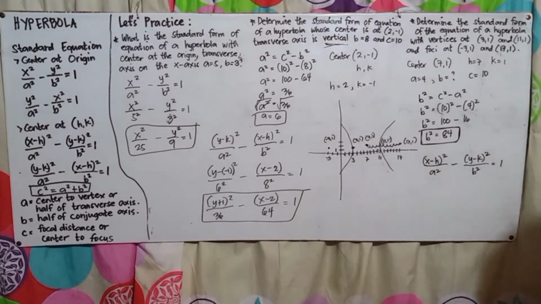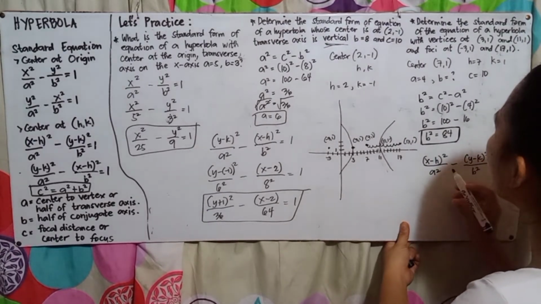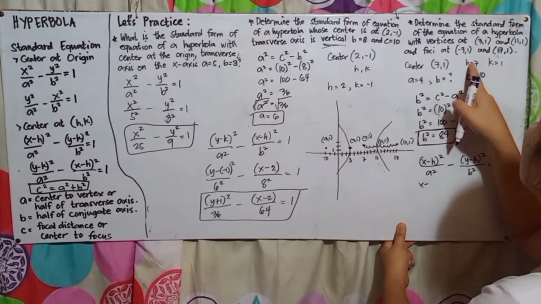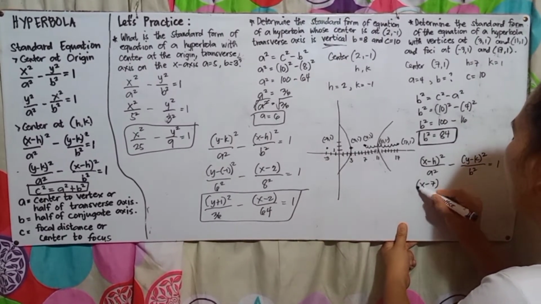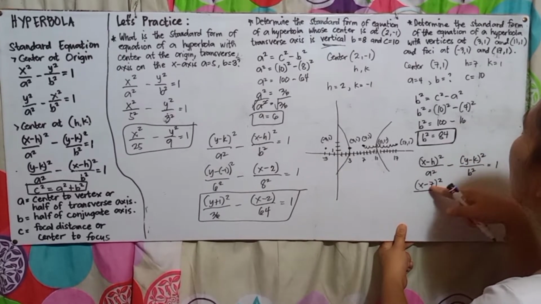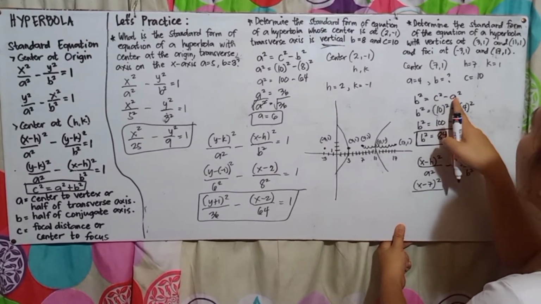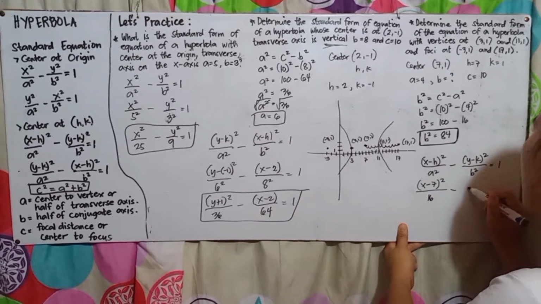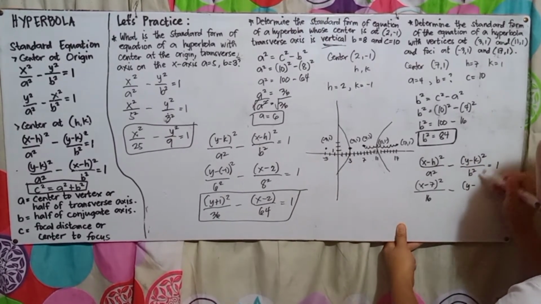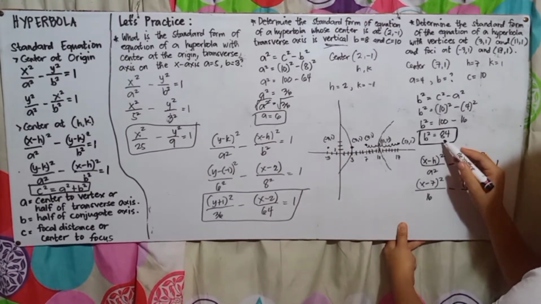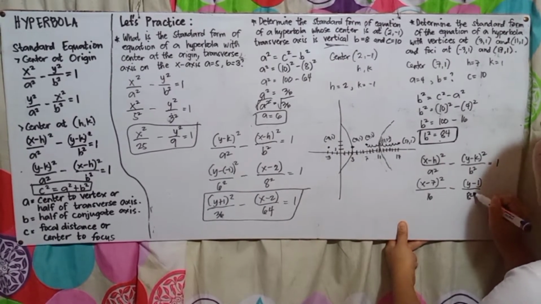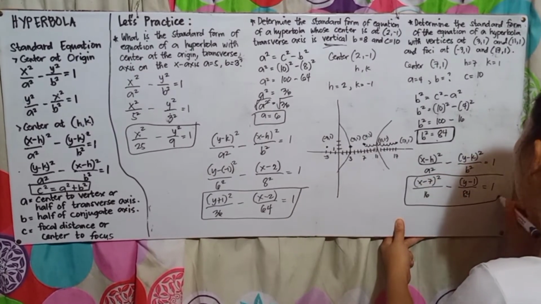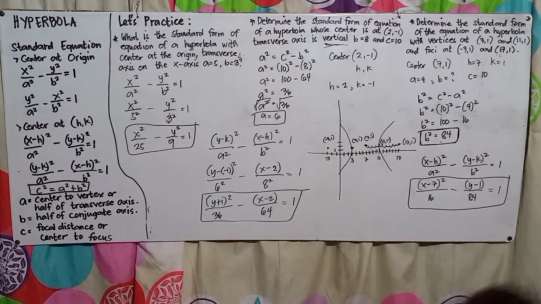Substituting, h is 7, a squared is 16, k is 1, and b squared is 84. So (x minus 7) squared over 16 minus (y minus 1) squared over 84 equals 1. This is now our standard form of the equation.